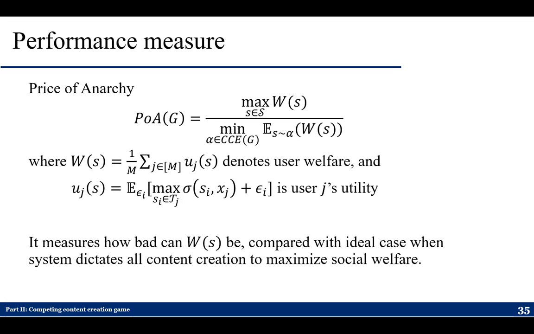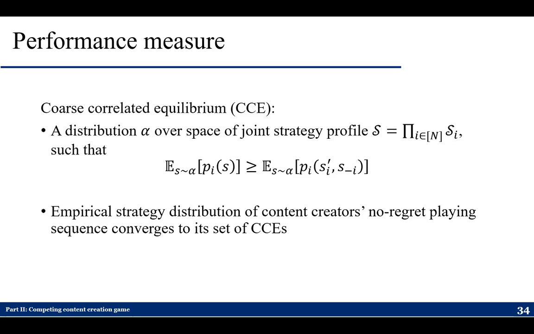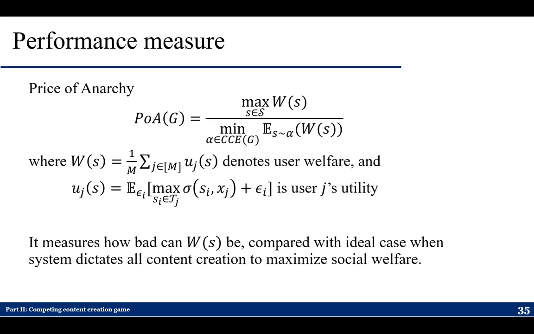That's the optimal social welfare possible. And in the denominator, what we have is the social welfare corresponding to this empirical distribution, which is what we will have empirically when the content creators are adapting their content generation strategy.